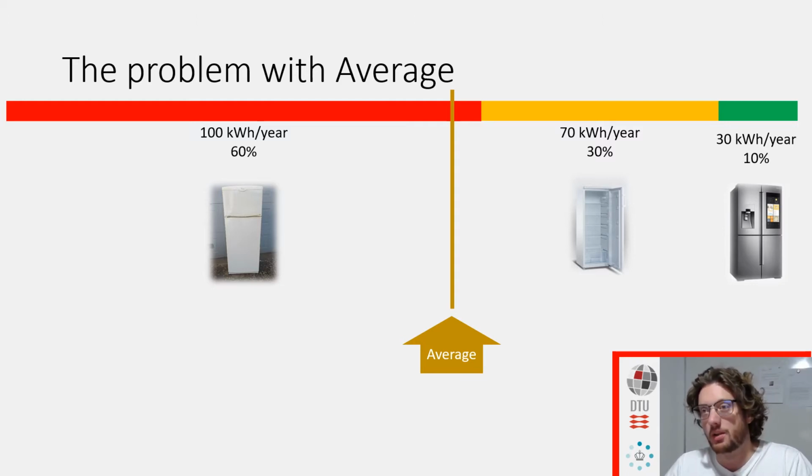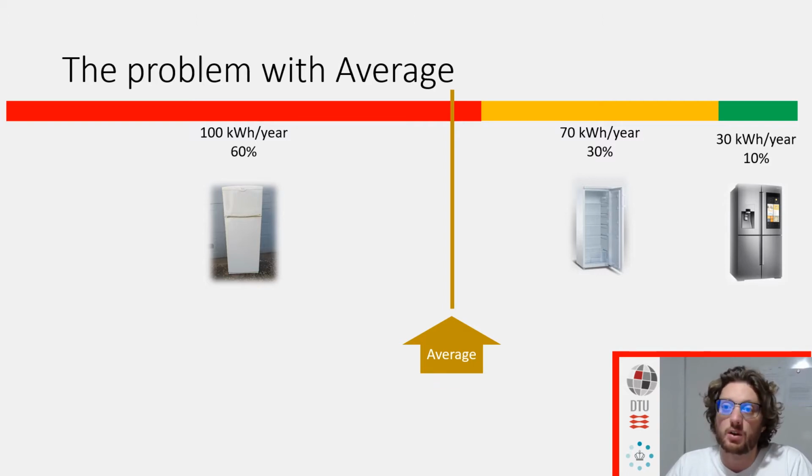Now, the problem with the other methods we have touched upon until now is that they all work with averages. So when we take a certain year, let's say 2025, we cannot tell quite a lot about what happens in this year. So in this slide, I set up a very specific but random situation where we have 3 types of refrigerators in our system.